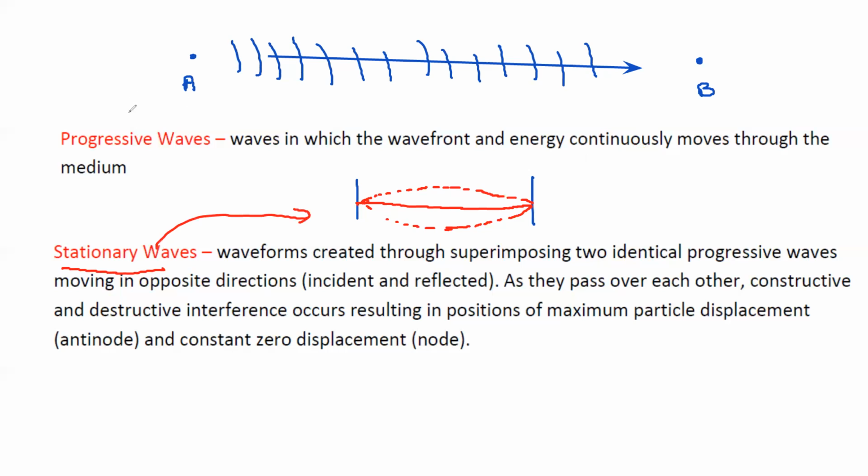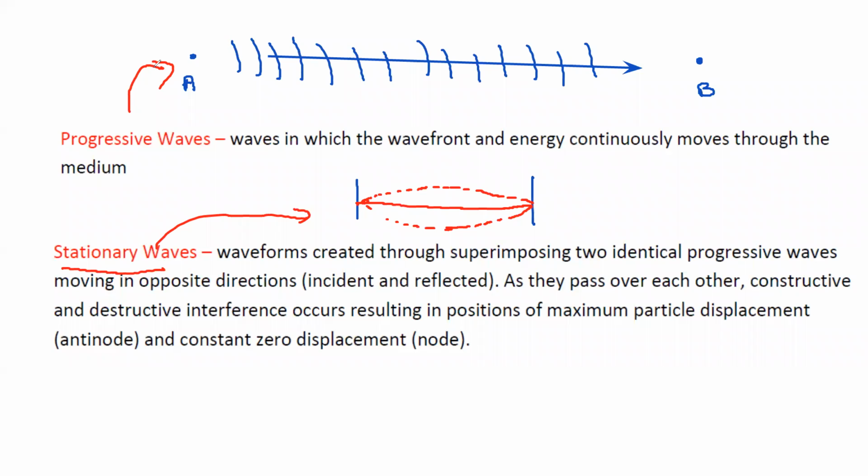So the first one was a progressive wave, in which the wave can move from one place to another, and the second one is a stationary or standing wave, in which the wave cannot travel from one place to another; it is confined or constrained in a region.